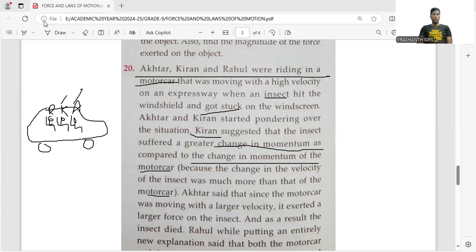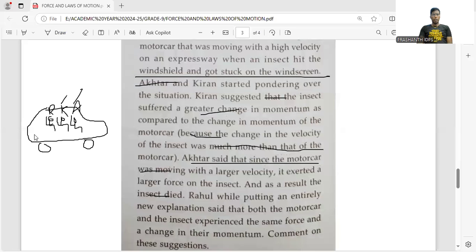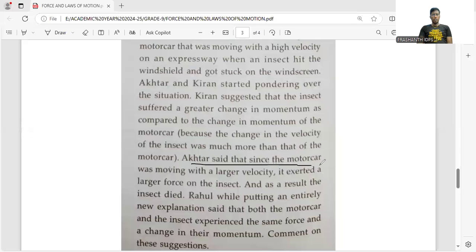But Akhtar said that since the motor car was moving with a larger velocity, it exerted a larger force on the insect, and as a result the insect died, because our car is going very fast, so it gave more force on the insect. That is the reason the insect is dead.